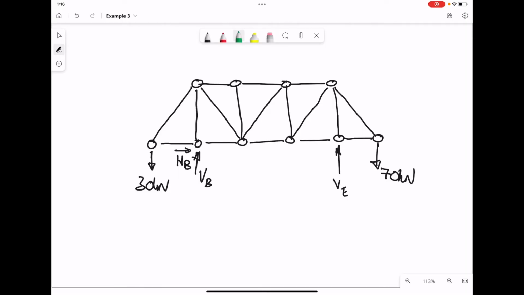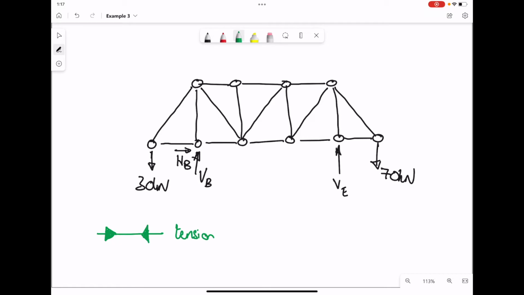Now, to work out the first of our member forces, I'm going to draw a pair of arrows onto each member representing tension, and for tension the two arrows point towards each other.